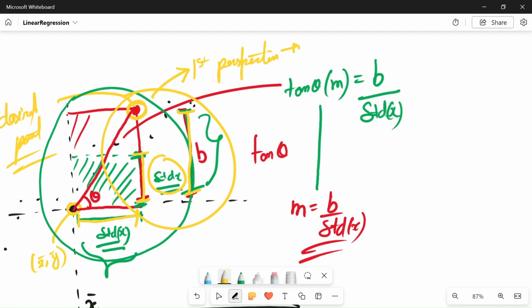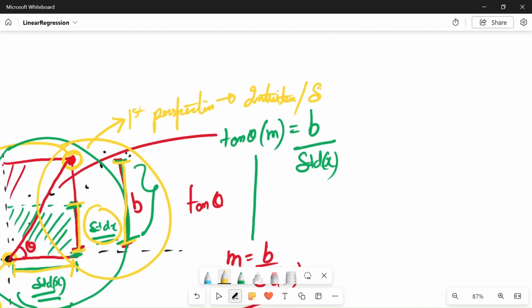The first perspective is intuitive. It's not a very good word, right? Maybe I'll give it another name. This should be called the scaling perspective, or scaled perspective, maybe.